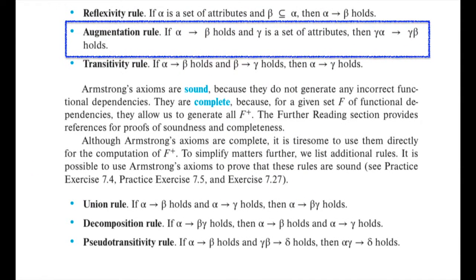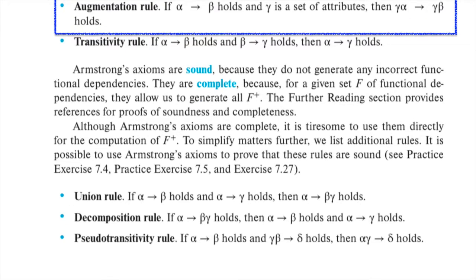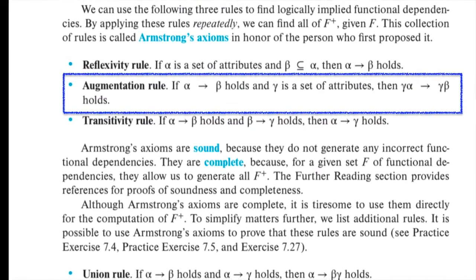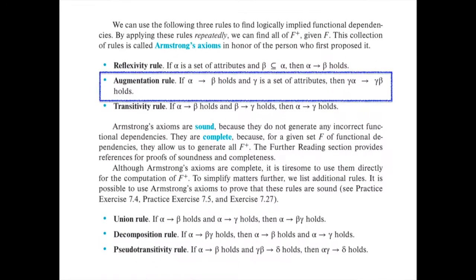So this is called the pseudo-transitivity rule. And sometimes hindi na to hinihingi pa. It's okay to use these additional rules because we can prove naman that the 3 additional rules are obtained from the basic Armstrong axioms.